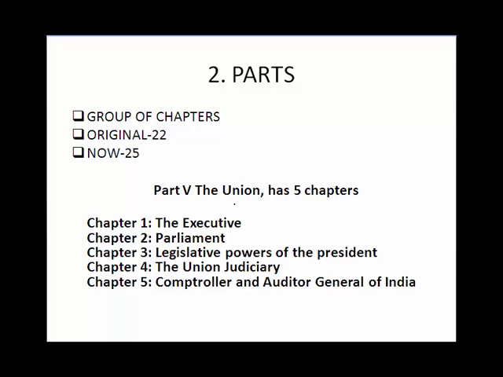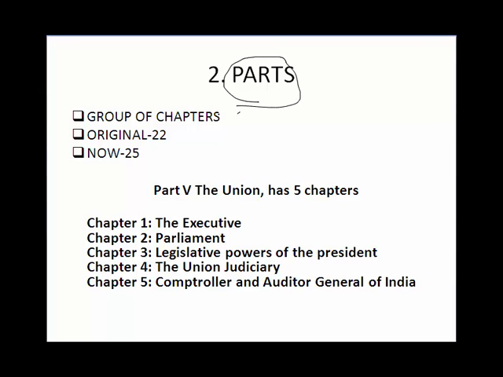Parts means very simple. It's a group of chapters in a constitution. Suppose think a textbook consists of so many chapters. If a book consists of so many chapters, we are going to divide it into so many parts.